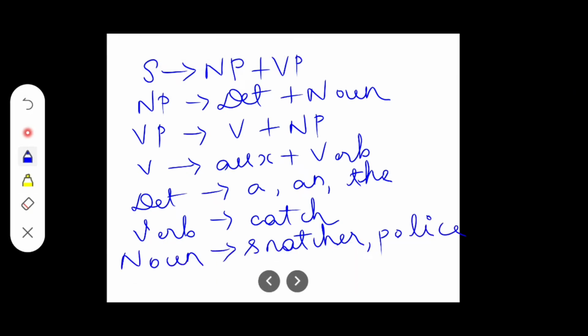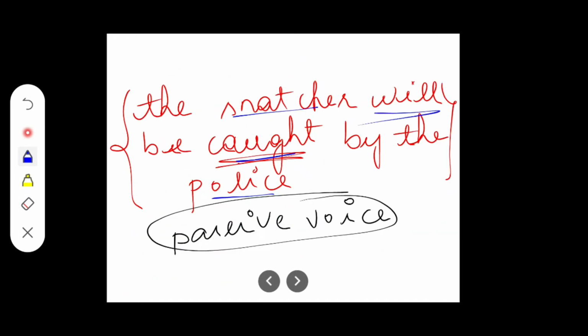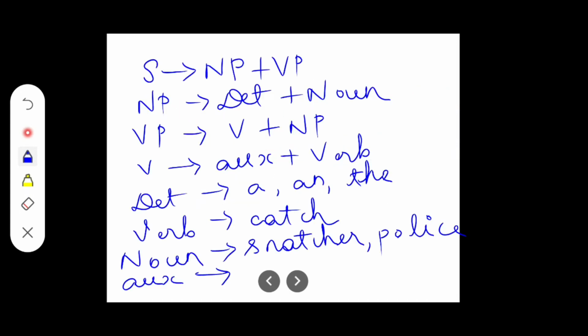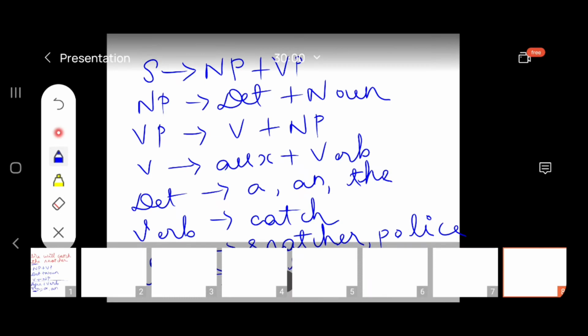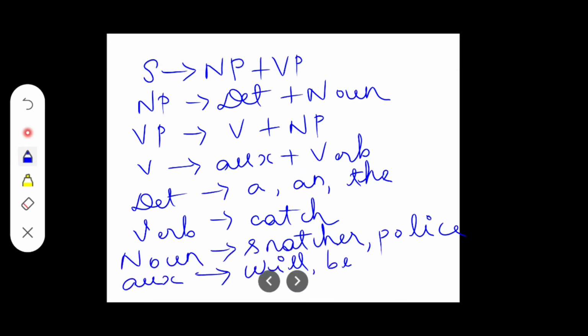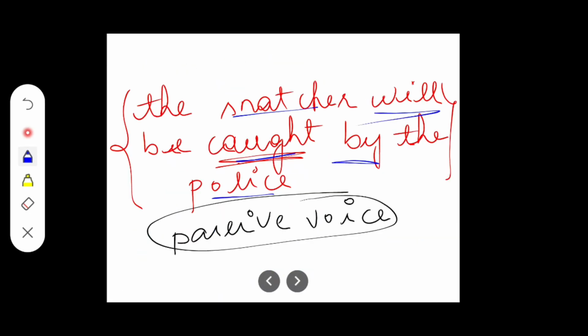And auxiliary verbs, what are all the auxiliary words that we have? Look into the sentence. The auxiliary verbs that we have in the sentence are will, and also by. So will and by, these are all the auxiliary words.